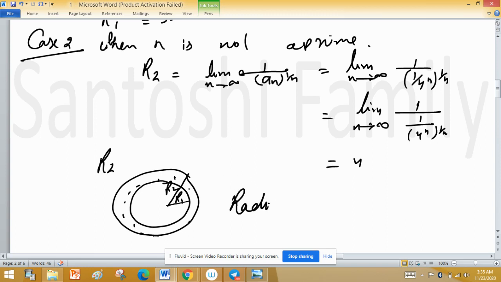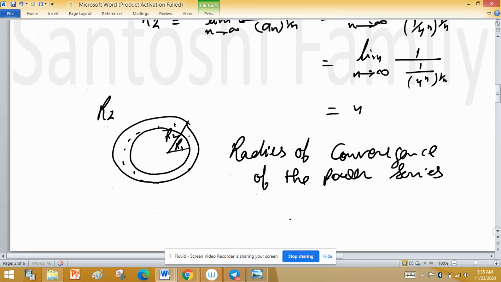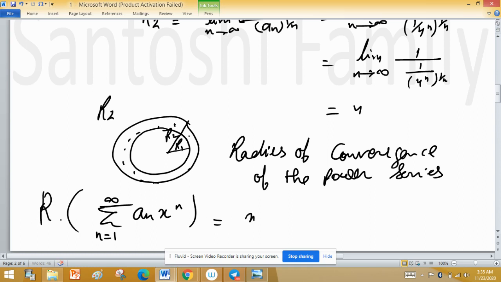So the radius of convergence of the power series summation a_n x raised to the power n, running from 1 to infinity, will be the radius of convergence. So I write capital R, min of 3 and 4, and it is 3. So the radius of convergence is 3.